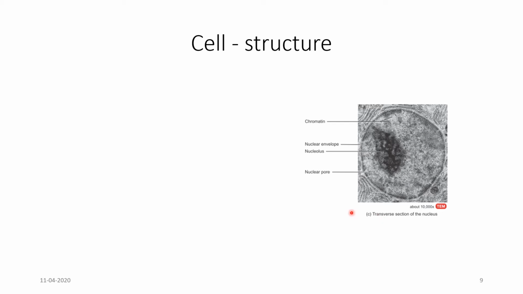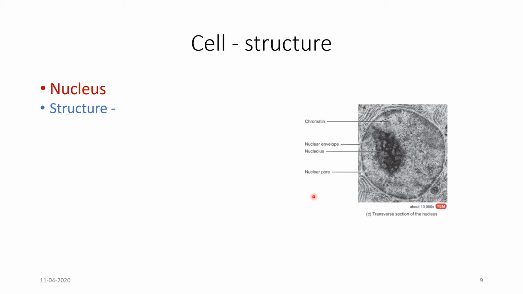After considering the cell membrane or plasma membrane, now let us see the other component, that is the nucleus. If you see this image, this is a transmission electron microscope image, which shows the nucleus at about 10,000 times magnification.